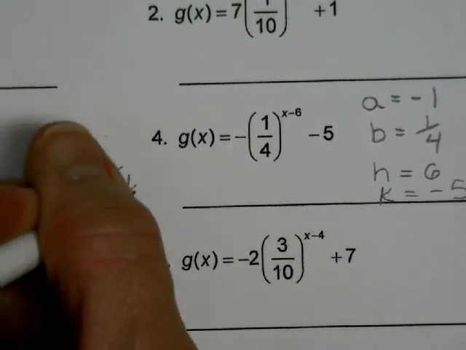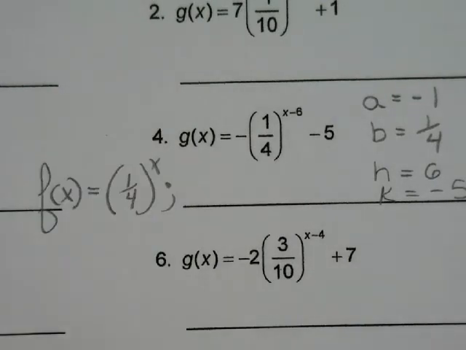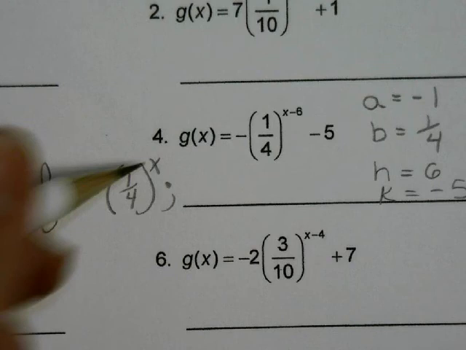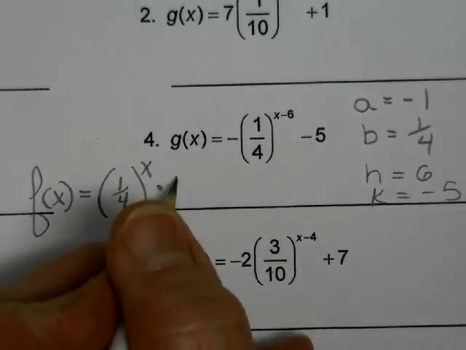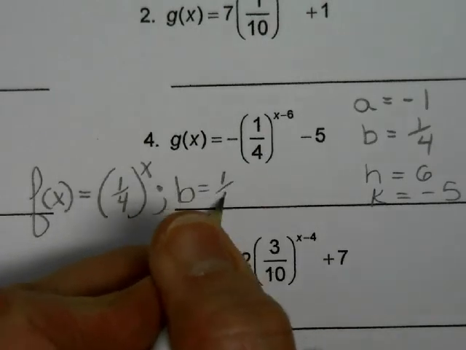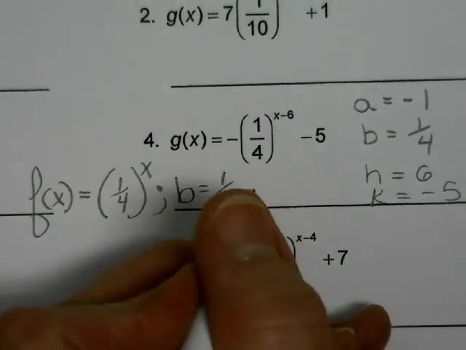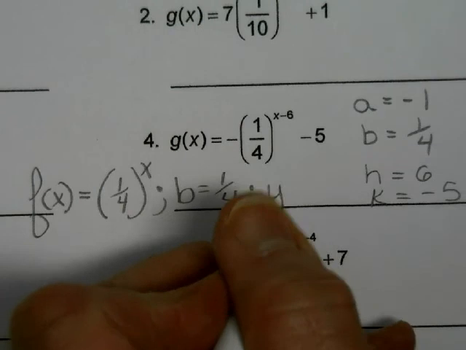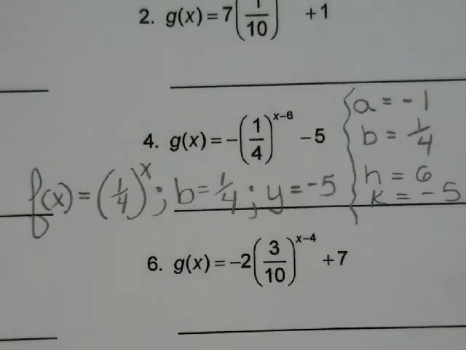We'll scoot over here. My original function is just that 1/4 to the x power. That's all I got. B to the x, just like it has above there. My decay factor is b equals 1/4. That's the base of the exponential function. My asymptote is y equals -5.